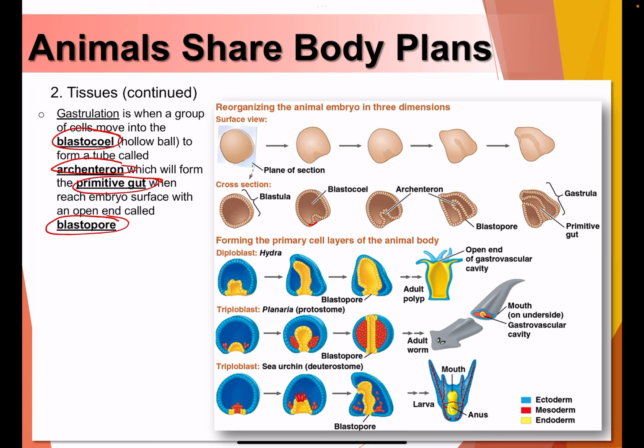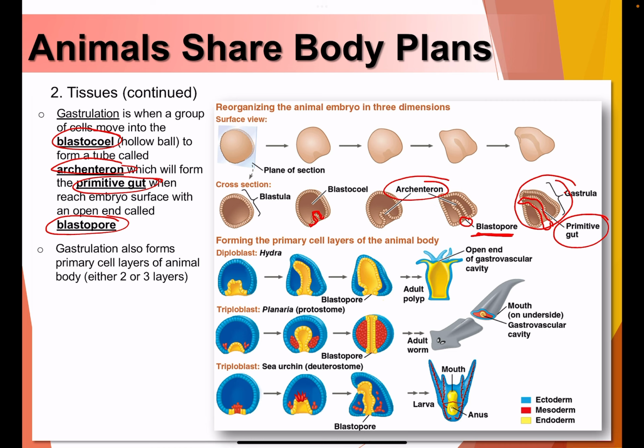And then you start to have indentation of your outer layer of cells, which start to form what's called the archenteron. And now you have an opening down here called the blastopore. When the gastrulation is complete, you have this completely empty space right here called the primitive gut. And this is now the gastrula stage of the embryonic development process.